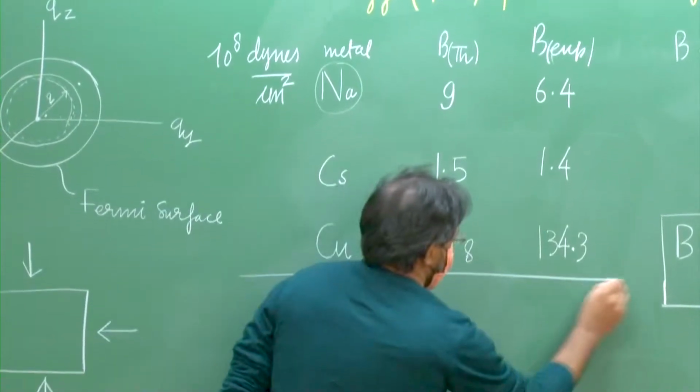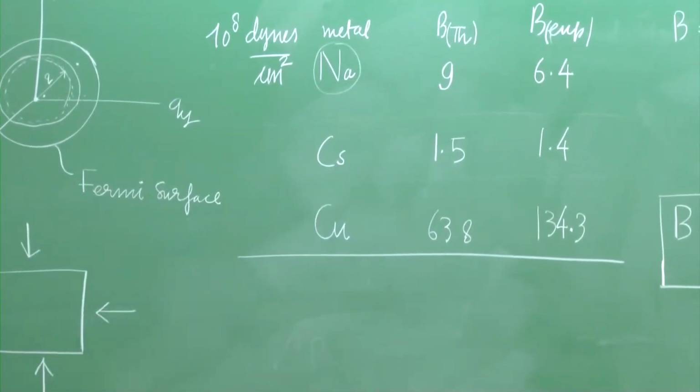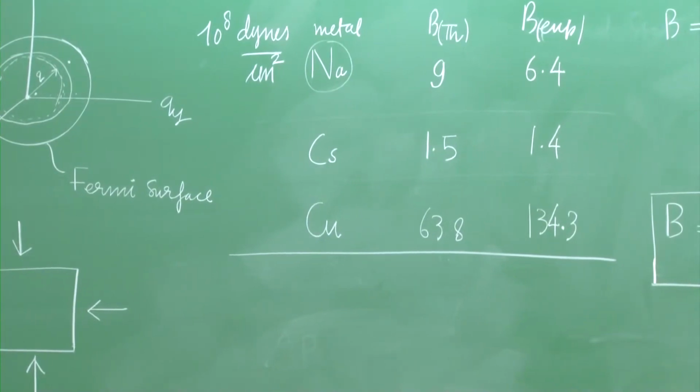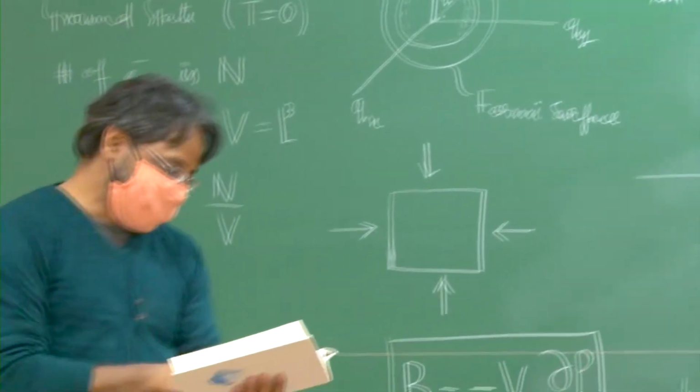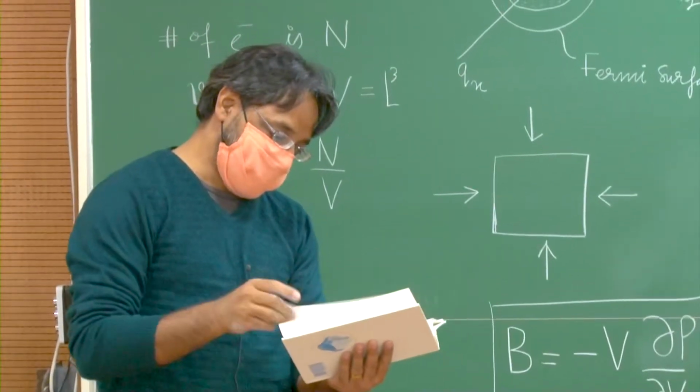And of course, it is as is written in the book. So I would rather prefer to read it from the book, because this is like the Bible of condensed matter physics. And when something is written here, I don't need to change the language.